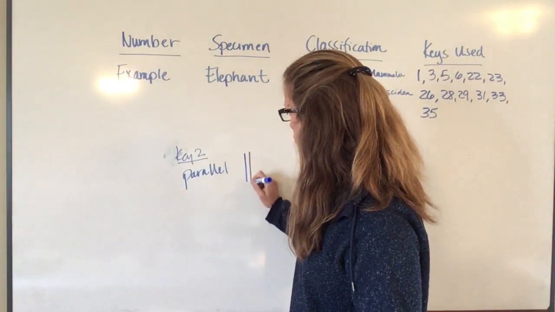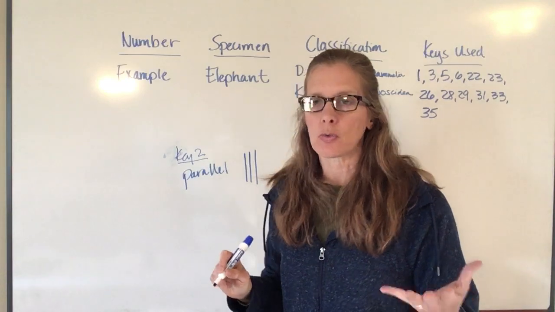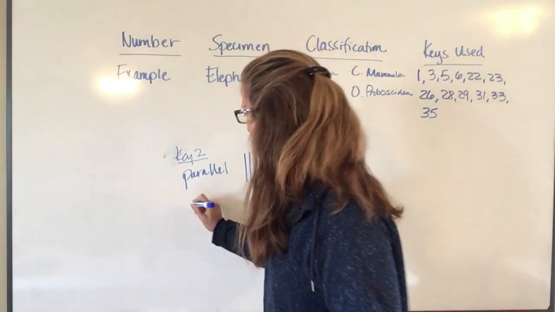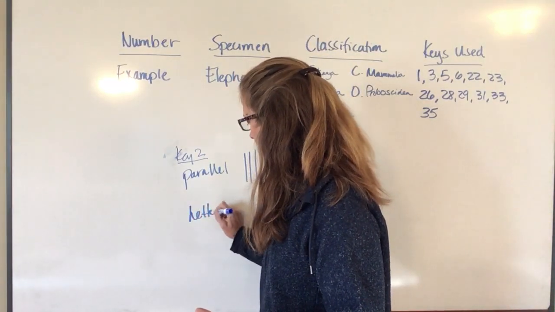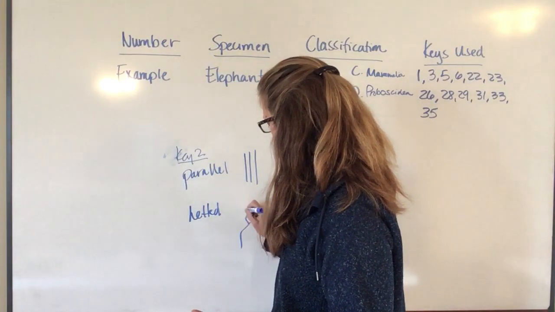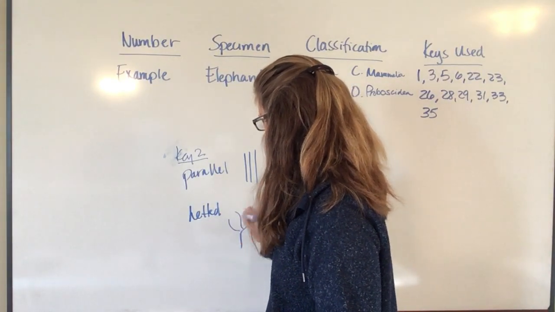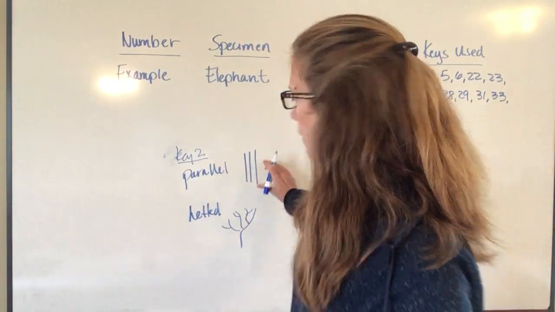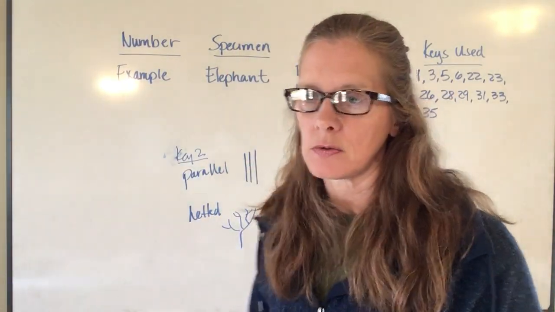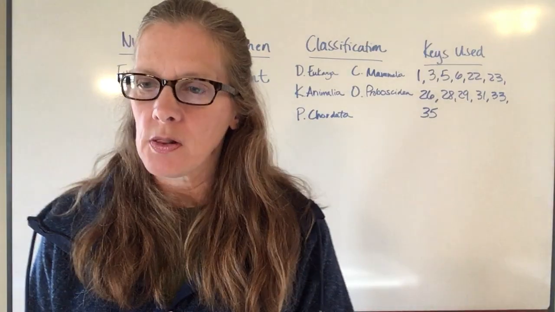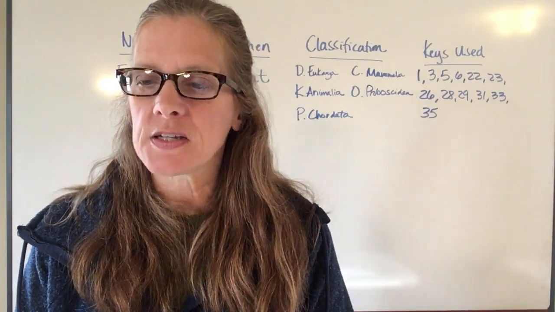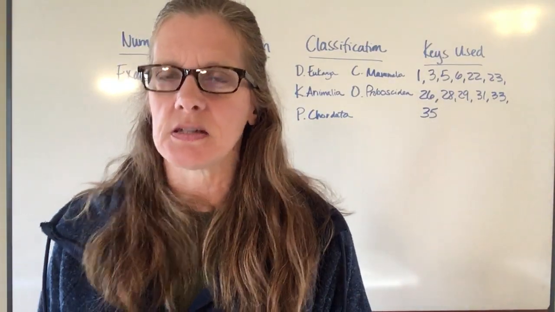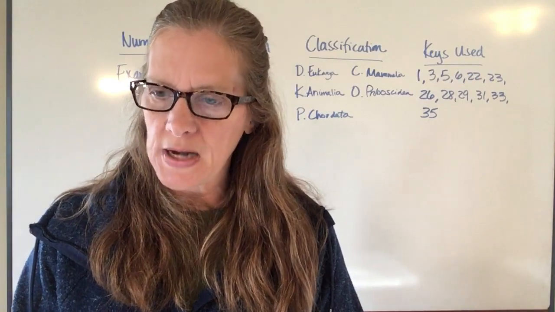Parallel veins is just what it sounds like. The veins in the leaf are going to run parallel to each other. If they're netted veins, they're going to kind of look like this. So that's what a netted vein is going to look like. Parallel is just exactly what it sounds like, okay? We'll talk more about parallel veins and netted veins when we talk about plants, but you can still see this enough to classify something right now.